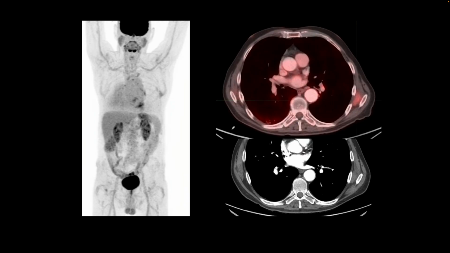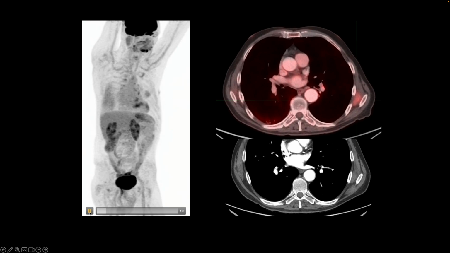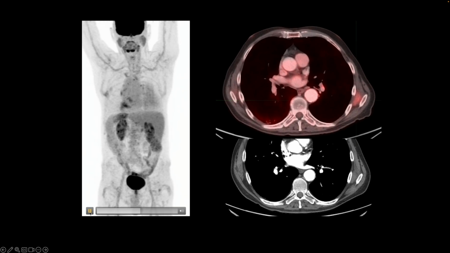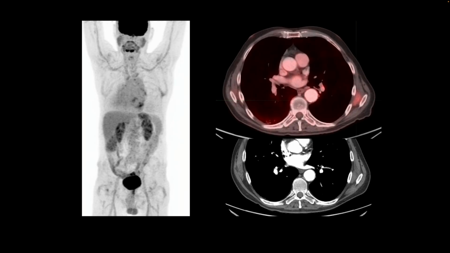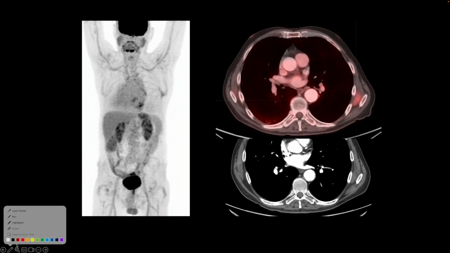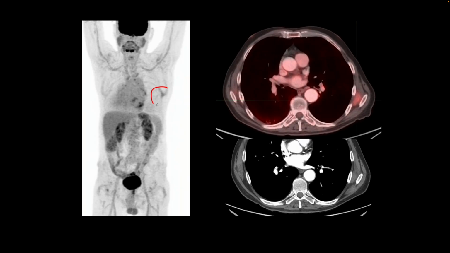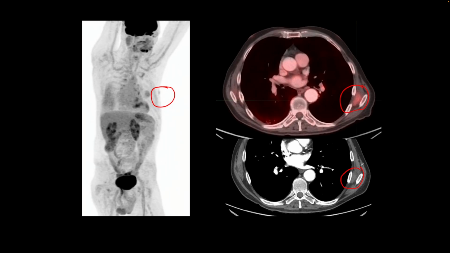Here is our next patient, and they underwent a whole body FDG PET CT. The interesting finding here is incidental, which is this focus of mild hypermetabolism at the inferior border of the left scapula, corresponding to this soft tissue density. And this is a classic boards question.